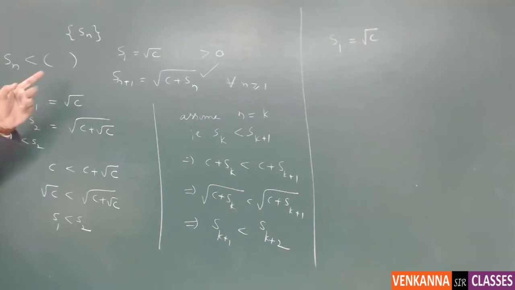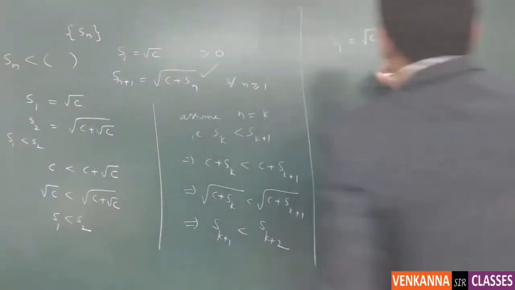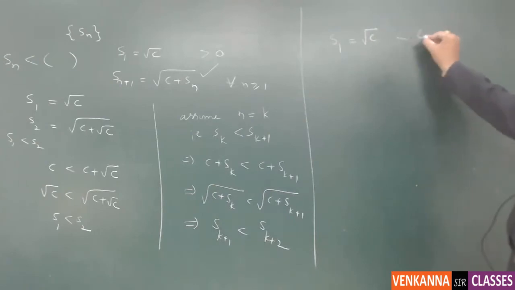How should I get this something as a guess in my mind? One basic strategy is always that the root of a number is less than the number, isn't it? If I say root 2, it is less than 2. Accepted? So if S1 is root C, can I say that this is less than C?